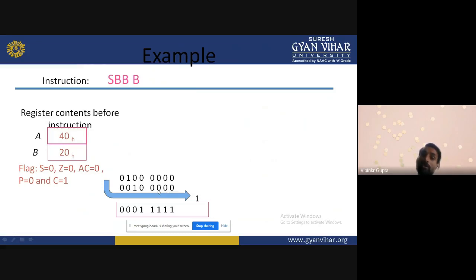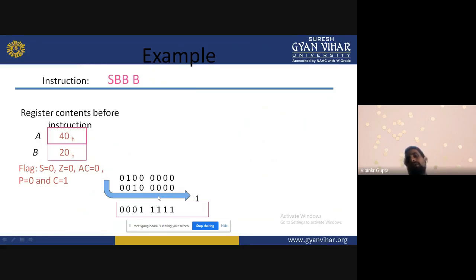Now here 0 minus 1 is not possible. So what we are doing? We are taking 1 borrow here. And 10 minus 1, so it's 1. Now again we are taking 1 borrow here. So again it's 10, and it's 0 because 0 minus 1 is not possible.